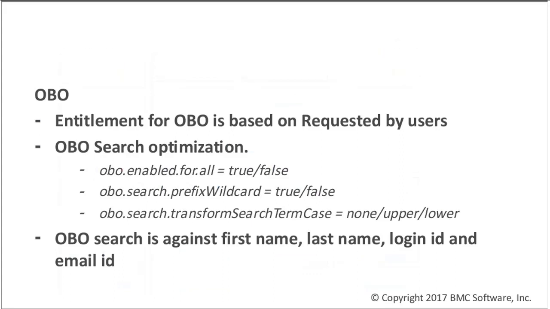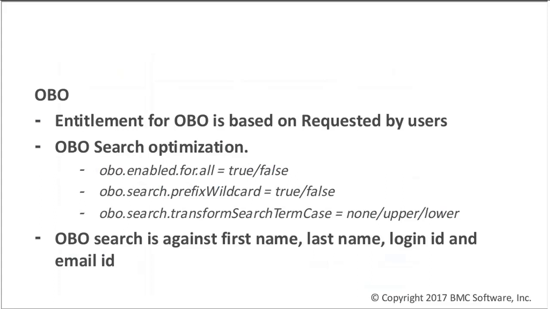Moving on, the next one is about the on behalf of functionality, which is part of the digital workplace. The key difference between the on behalf of functionality in digital workplace and the one available in SRM is that SRM uses OBO as impersonation, whereas in digital workplace, the OBO is based on the requested by user, who is the logged in user.